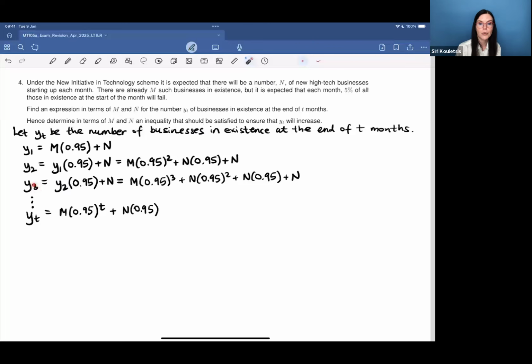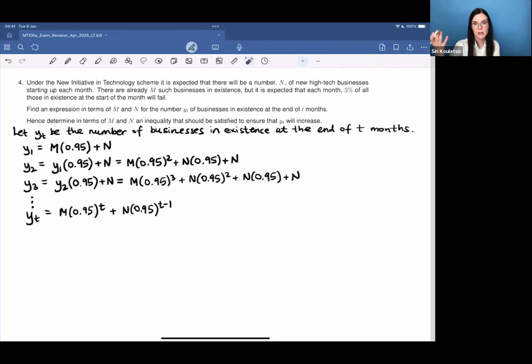Well, when the index was 3, this power was 1 less. And then the powers go from 2 to 1 to 0, because remember, you could see this N here as N times 0.95 to the power of 0 if you like.